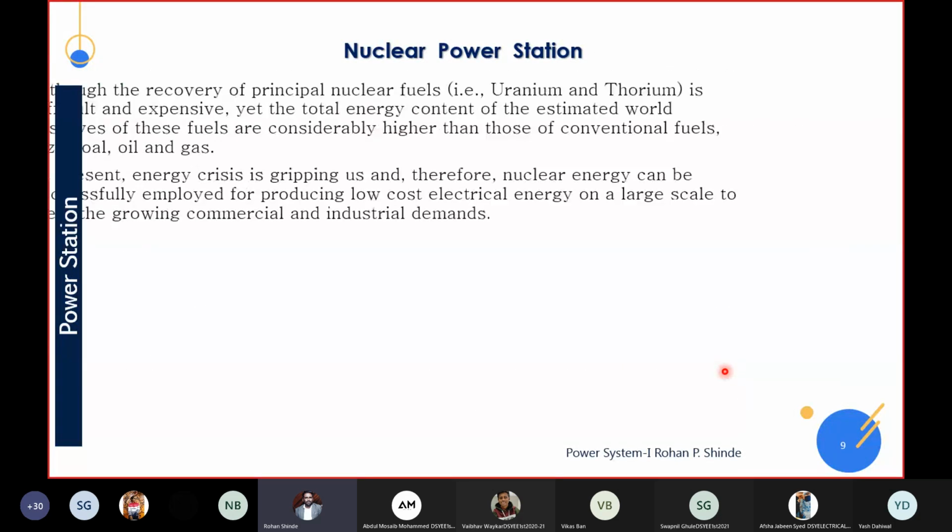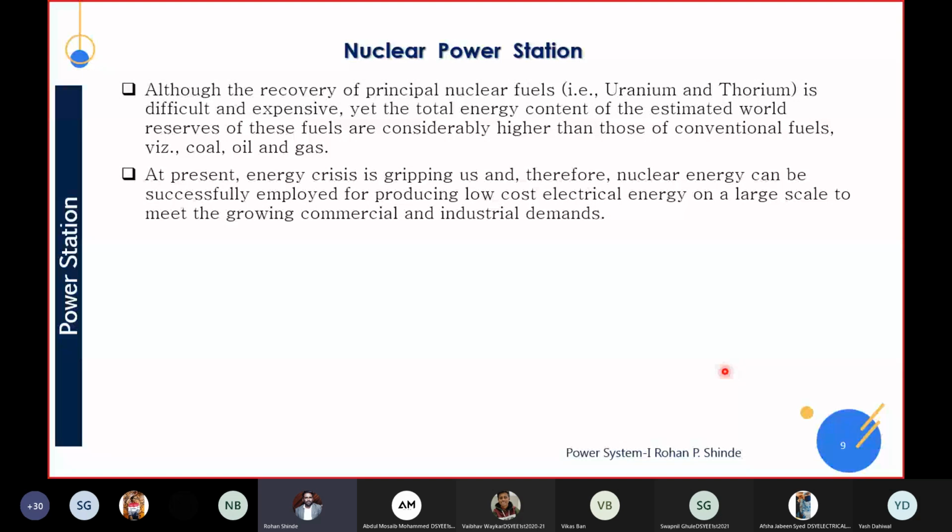Okay, now we will move towards the next part of a nuclear power station. Although the recovery of principal nuclear fuels, that is uranium and thorium, is difficult and expensive, yet the total energy content of the estimated world reserve of these fuels is considerably higher than that of conventional fuels.